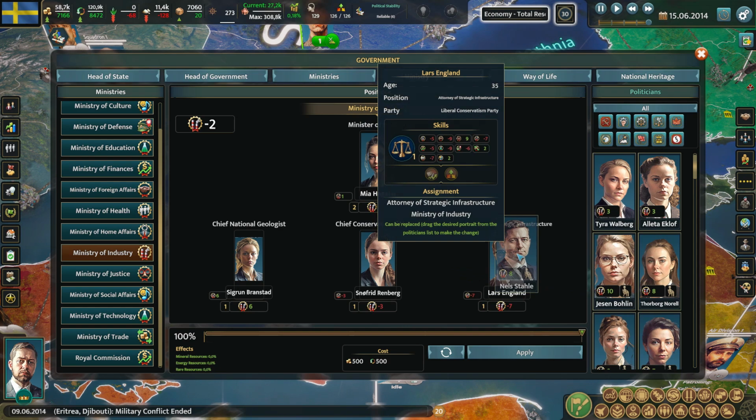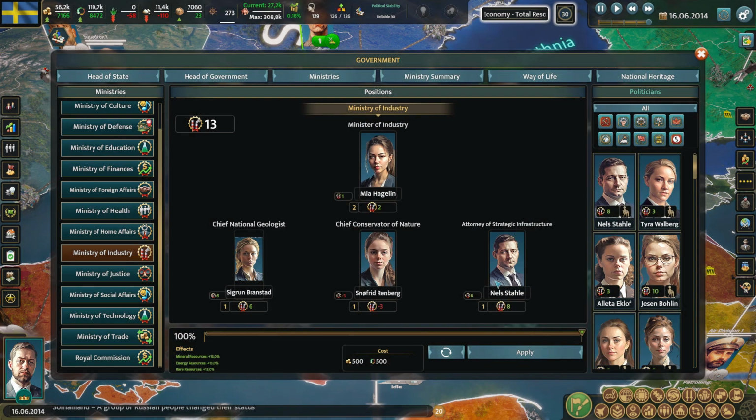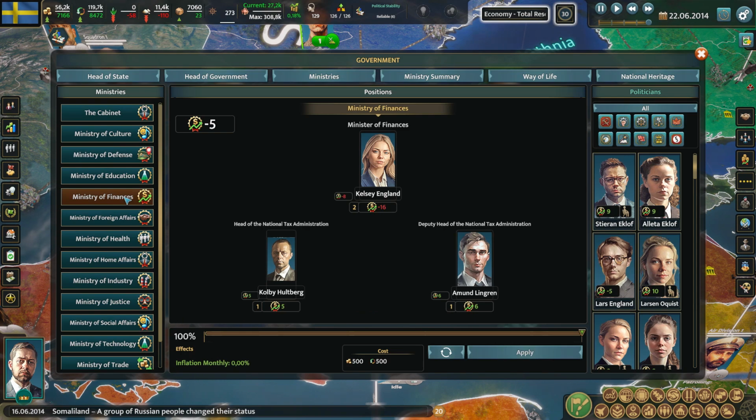Let's raise our chances. More mineral resources, more resources in general. Again, it's completely up to the player to configure all of his government in any way they want.